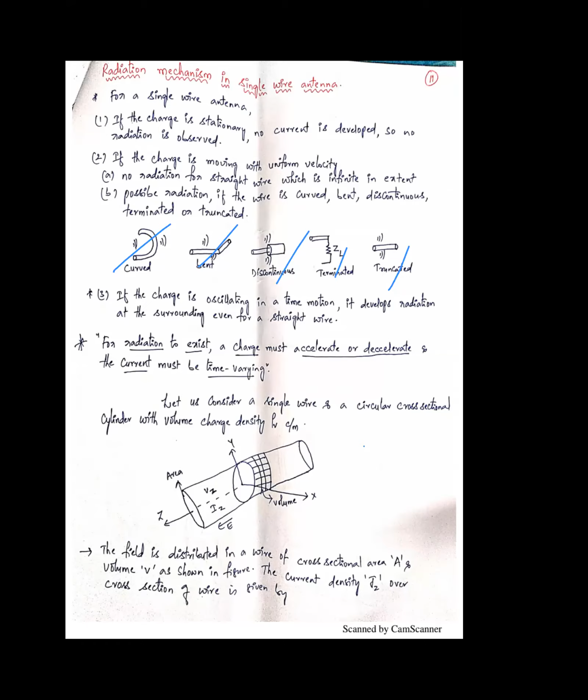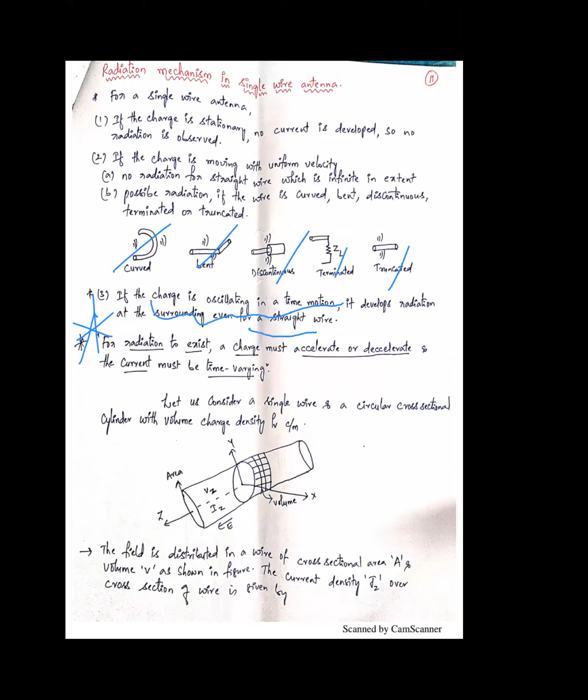Now last but not the least, now charge is moving. Radiation is also possible in a straight wire if the charge is oscillating in time motion. I repeat, just now I said charge is moving, but radiation is not possible for a straight wire which is infinitely long.